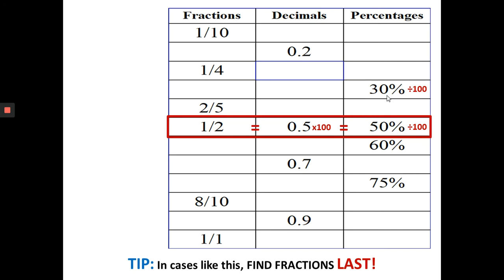So to start with the percentage, let's divide. Again, to divide, move your decimal point to the left. So from here, move to the left. So that is 0.30. So that's the decimal. This is to get the decimal, right? 0.30.